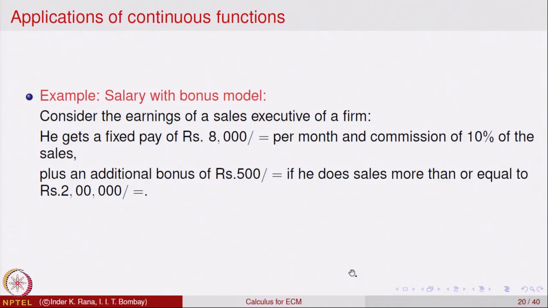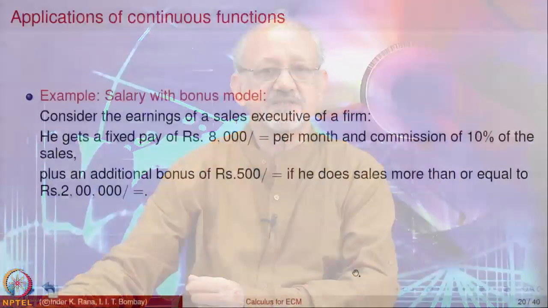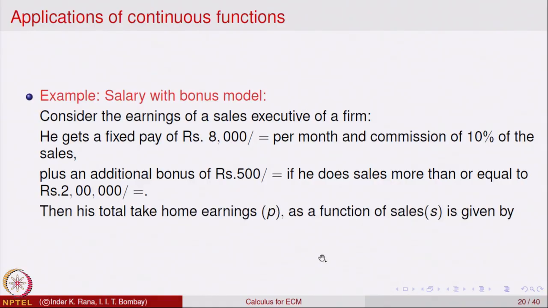So, there is an incentive bonus given to the executive that if he sells goods worth more than 2 lakh rupees, then he will get 500 rupees of additional bonus in his take home earnings. So, 8,000 plus 10% of the sales plus 500 in case he makes a sale of at least 2 lakh. So, let us see what is happening.